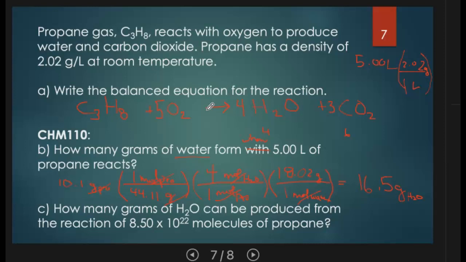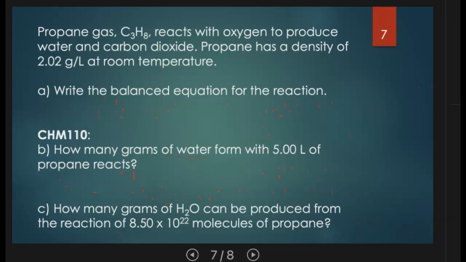And then from there, instead of going to grams of water, we'll actually have moles of water. And so, oh no, they want grams of water again. So we would go to grams of water again. So I don't have a whole lot of space down here to work with, so I'm going to erase all of this and put it in here.